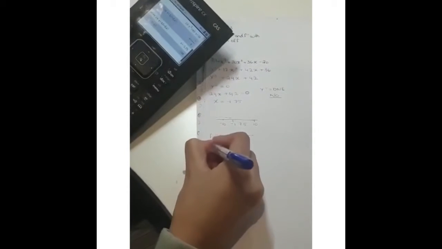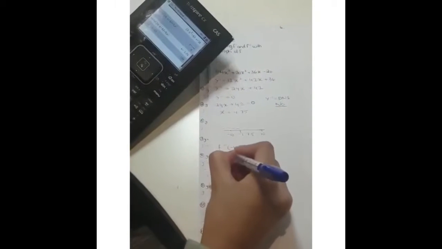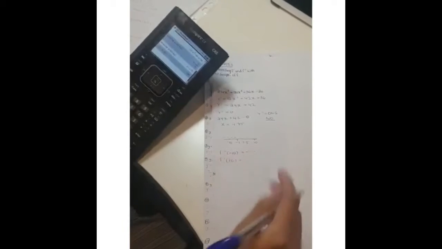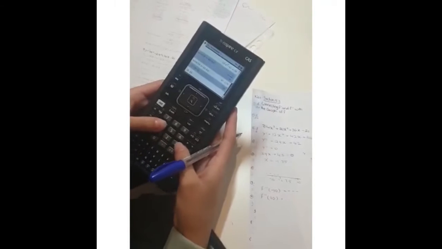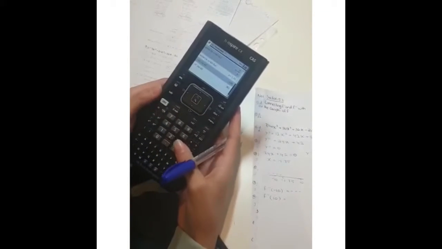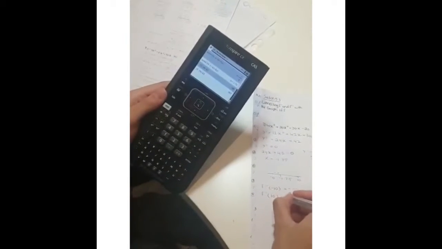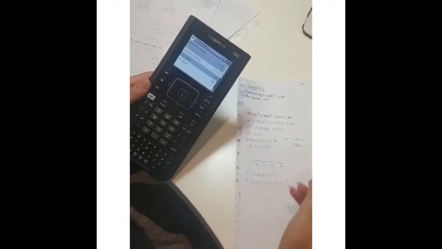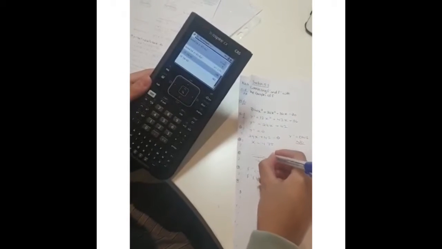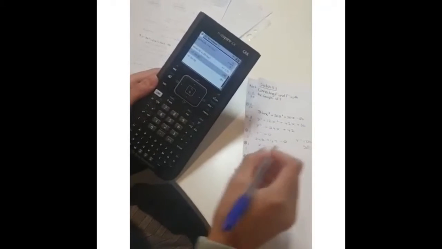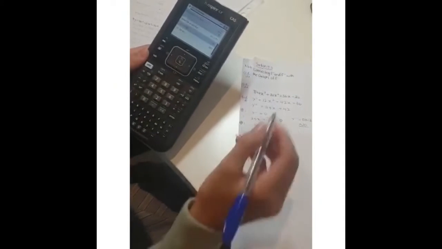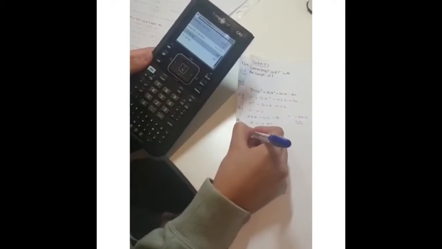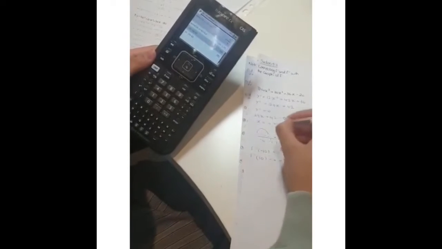Let's check after. So f double prime of 10 equals 10 times 24 plus 42. The answer is going to be positive. So after negative 1.75, it's going to be positive. Therefore, here we can know if it's either concave up or concave down. This is going to be concave down, and this is going to be concave up.